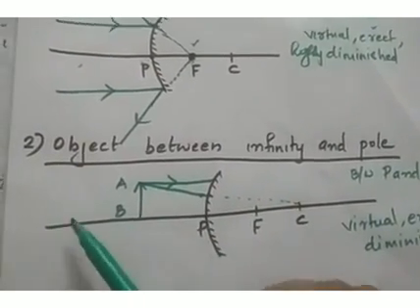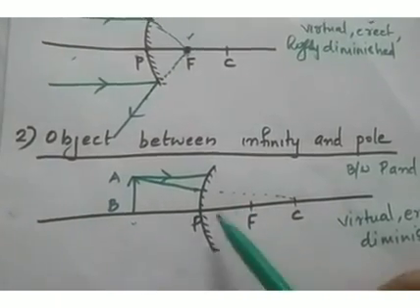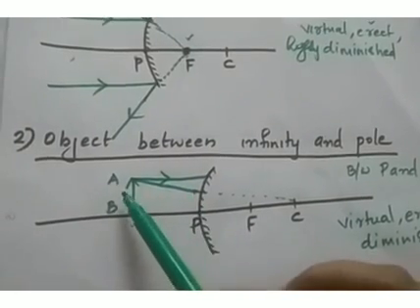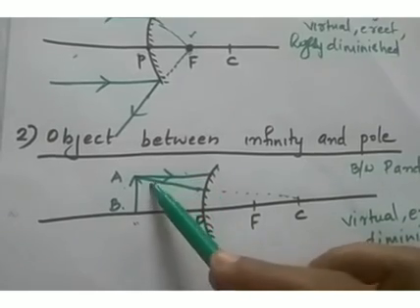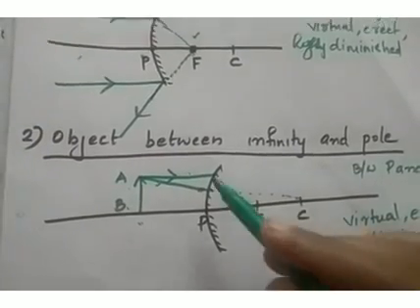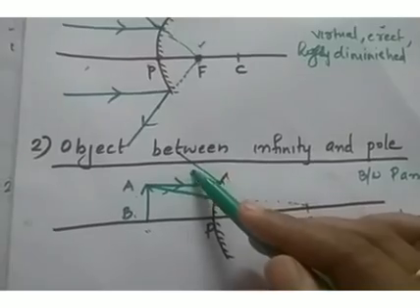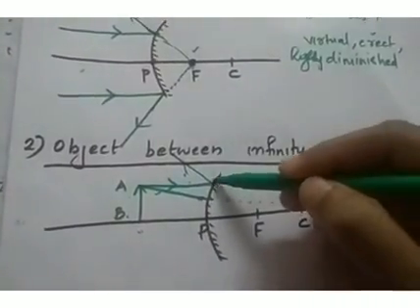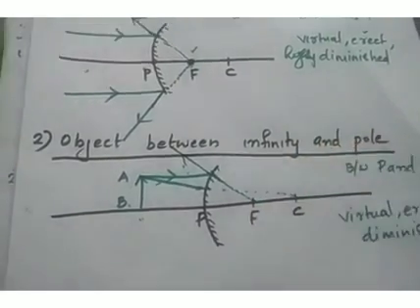Object between infinity and pole means object can be anywhere here between infinity and pole. So here I have represented the object AB and two rays are there. One is the parallel ray, another ray which appears to pass through center of curvature. So this parallel ray, after reflection it will diverge like this and it will appear to pass through focus.